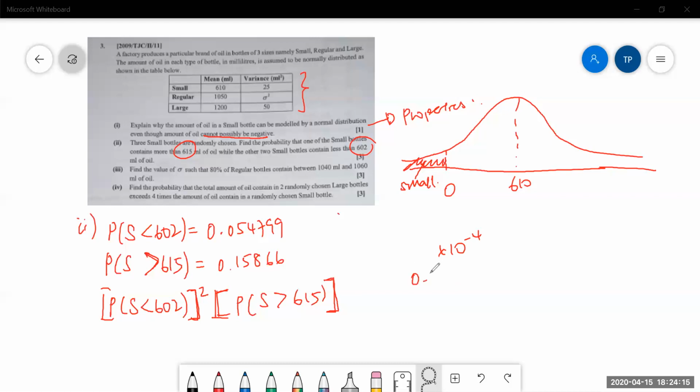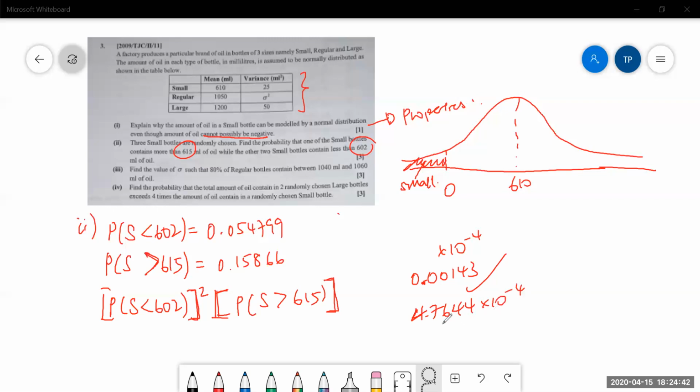Okay, so it's 0.00143. Is that the correct answer? Oh, what I got was 4.76445 e to the power -4, which means times 10 to the power of -4. That's so far off.